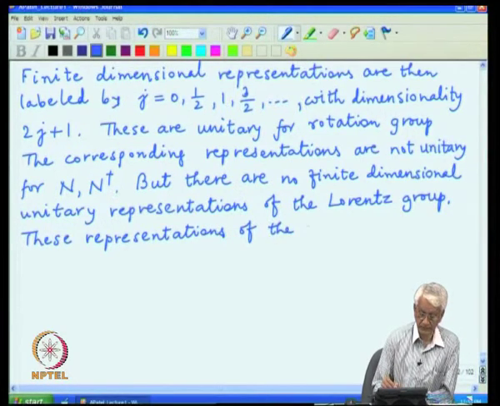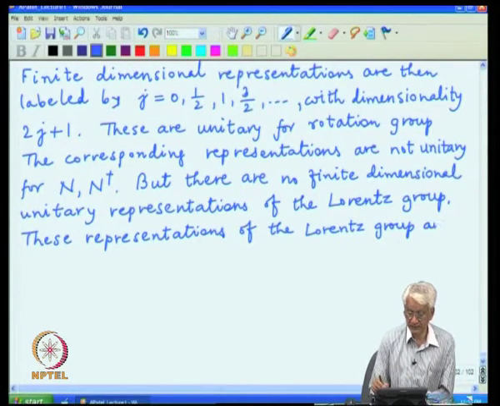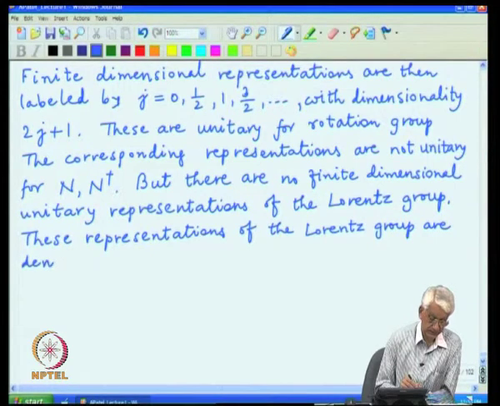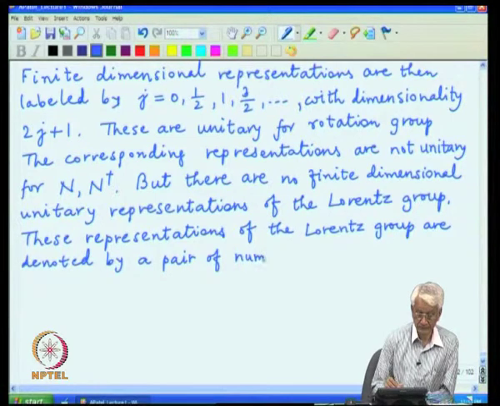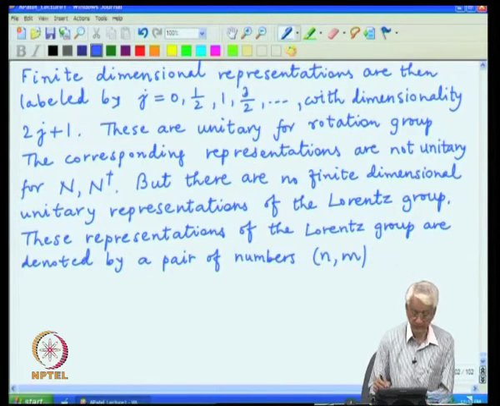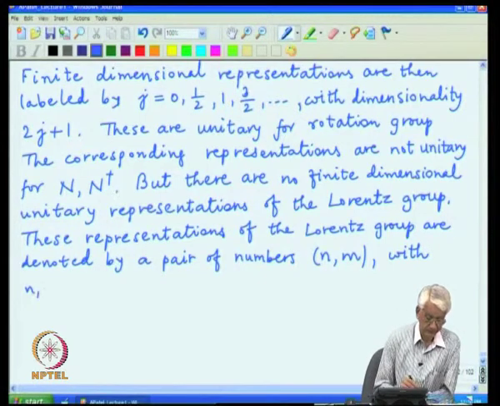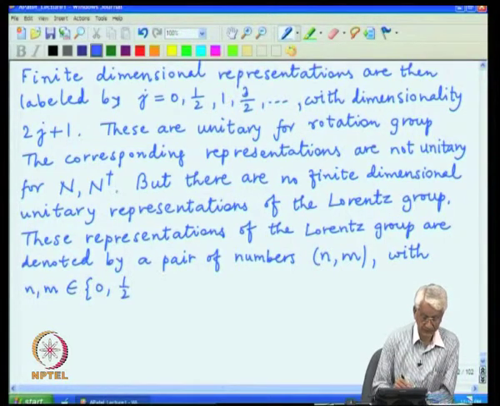of the Lorentz group are denoted by a pair of numbers, N and M, I will call them, and the values obviously belong to the same set.